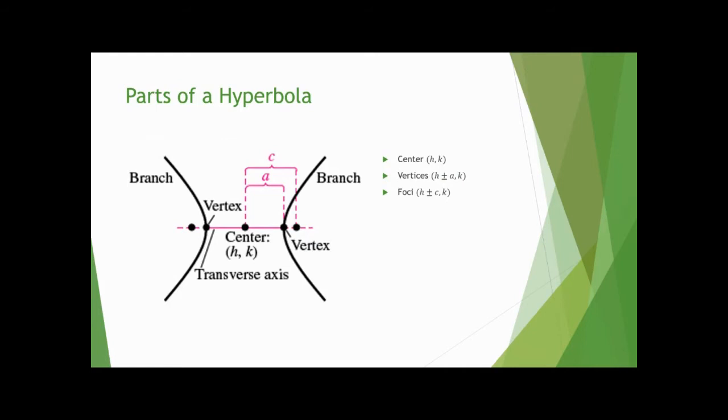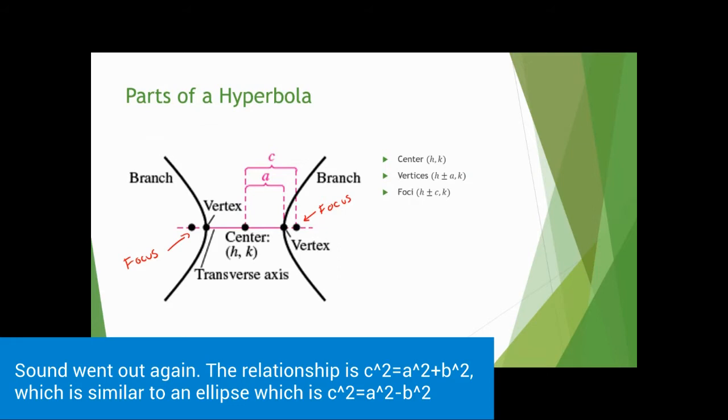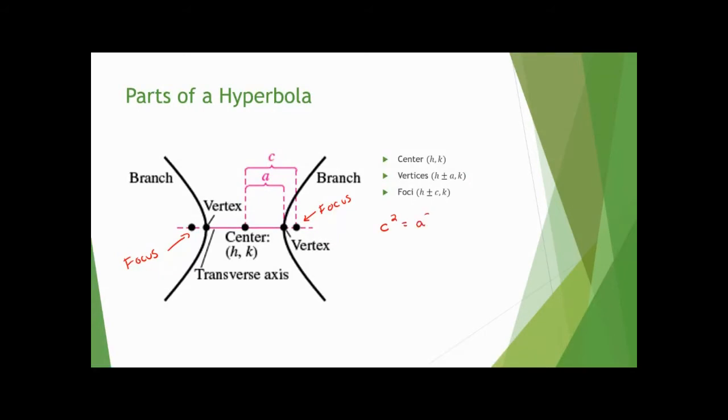I always forget how to pronounce that, so I should label this. And your vertices and your foci are based off of knowing the center. The examples I picked for today, we don't have to worry about that so much.